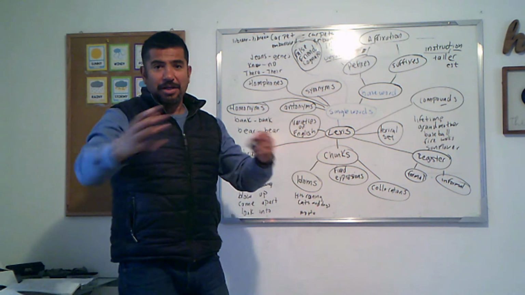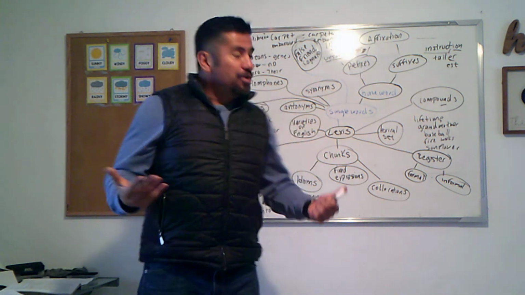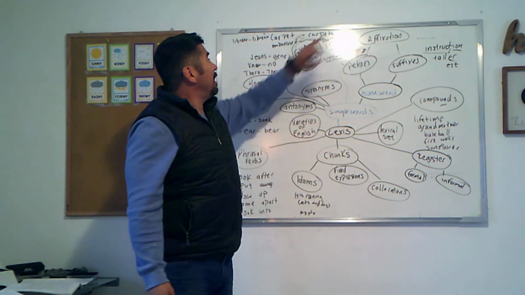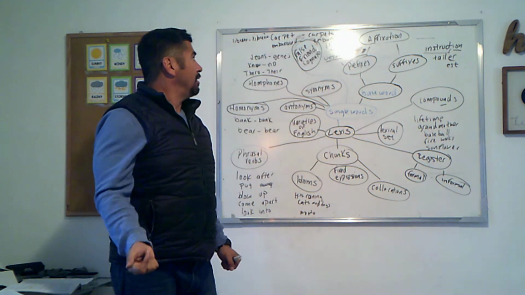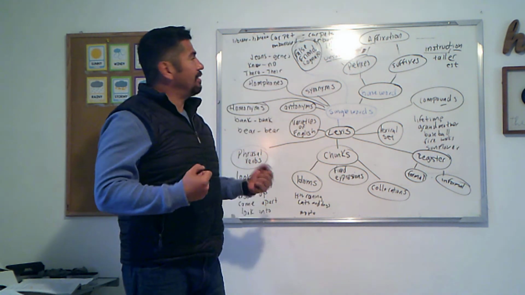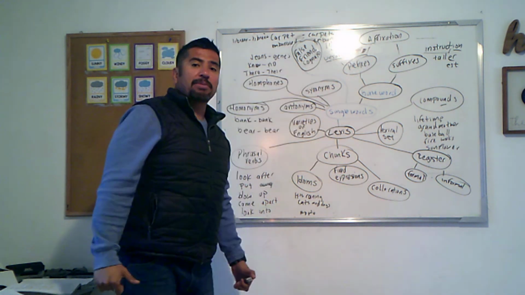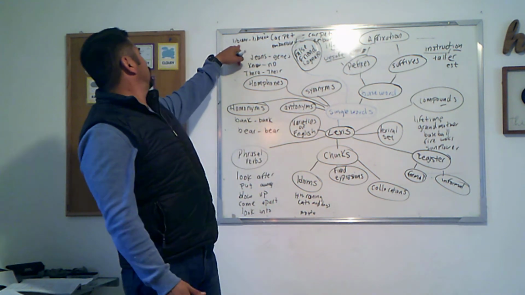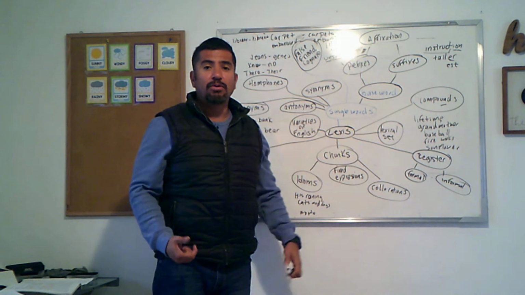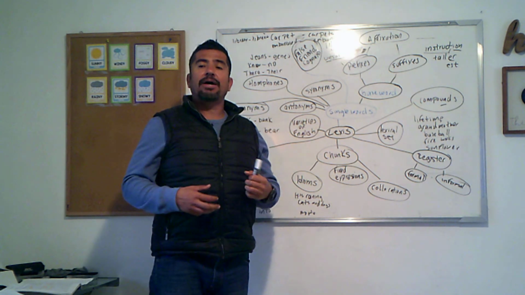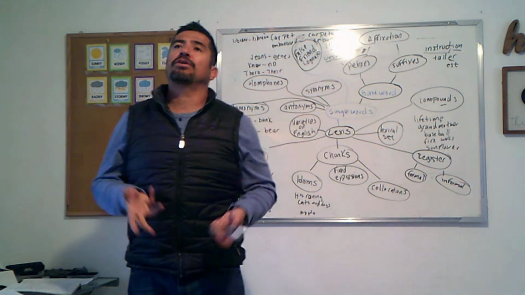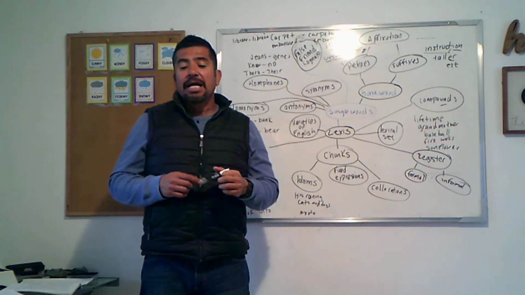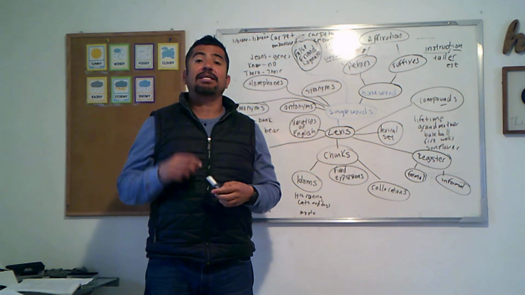But we, being bilingual as we are, know that carpeta means folder and carpet means alfombra. Embarrassed means avergonzado and embarazada means pregnant. Library means biblioteca, librería means bookstore. So these confuse our students or L1 learners, and it's important for us to let them know.